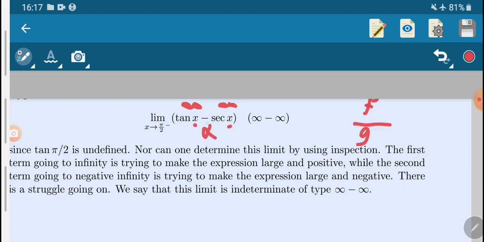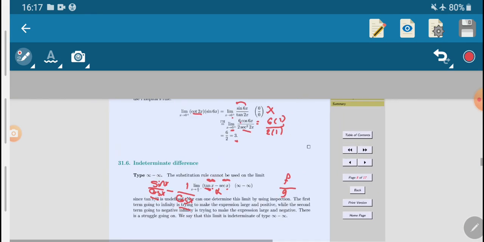Can I rewrite this style into quotient form? Yes. Replace tangent x by sine over cosine. Replace the secant by 1 over cosine. And find the common denominator. It becomes sine x minus 1 over cosine. Let's see how.